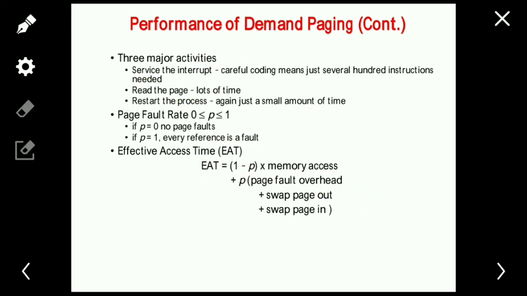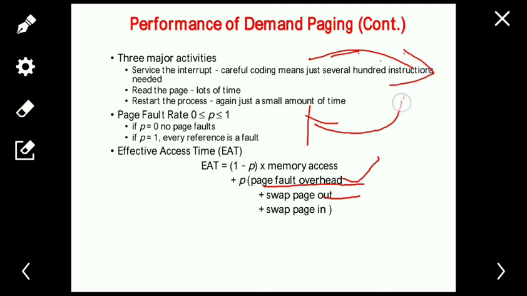Suppose the page is not in the main memory, then there is the page fault overhead. We have to search for the particular page in the secondary memory and bring it into the main memory, and if there is no free frame, swap out a page to the secondary memory and swap in the desired page to the main memory.